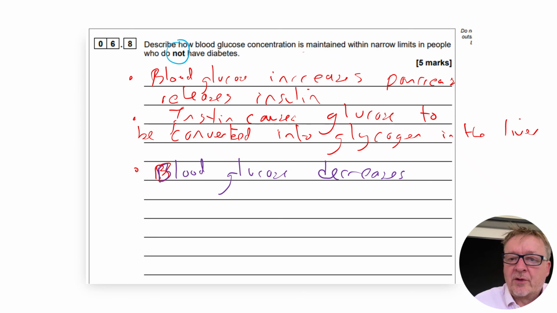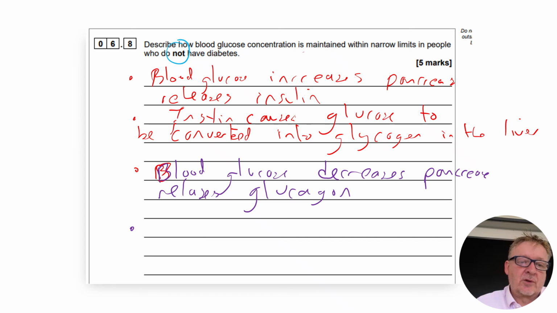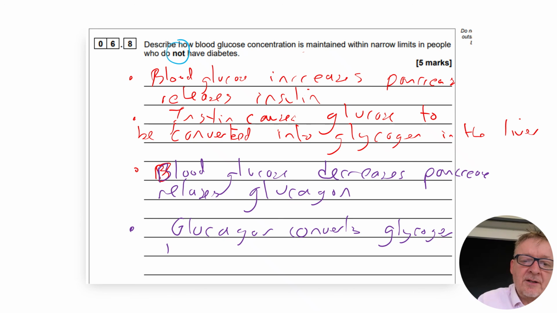So therefore, the pancreas releases glucagon. And what glucagon does is glucagon converts glycogen into glucose.